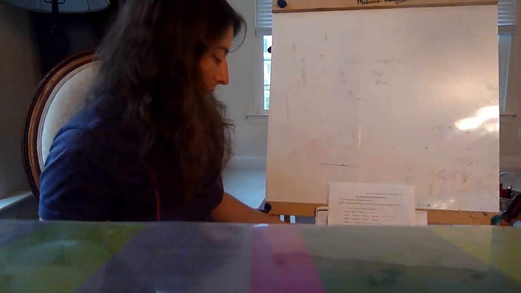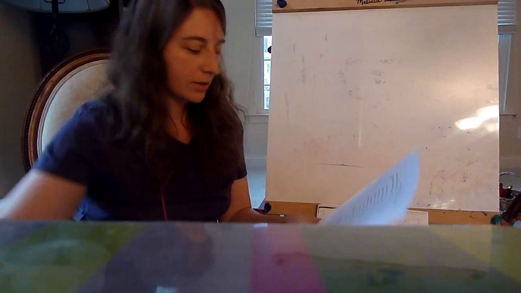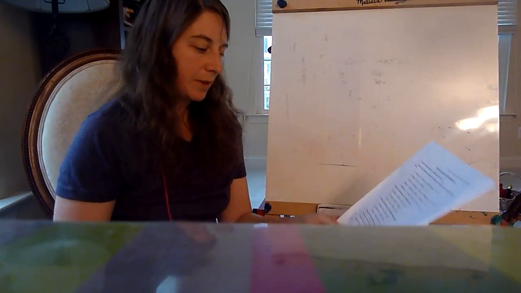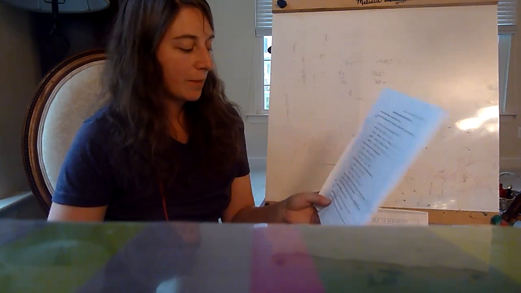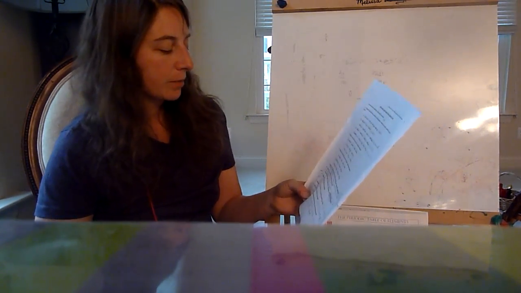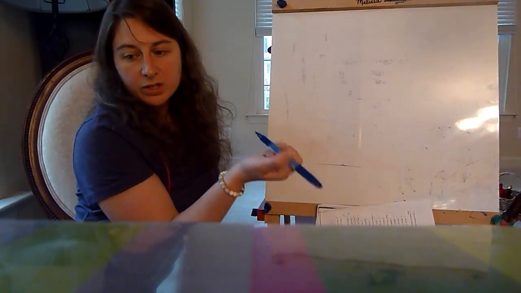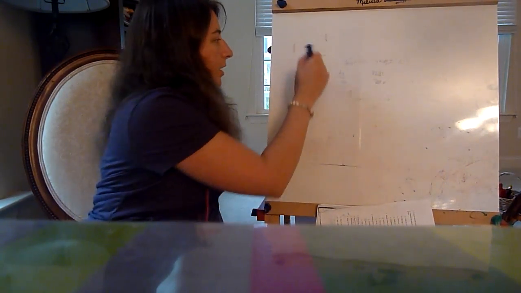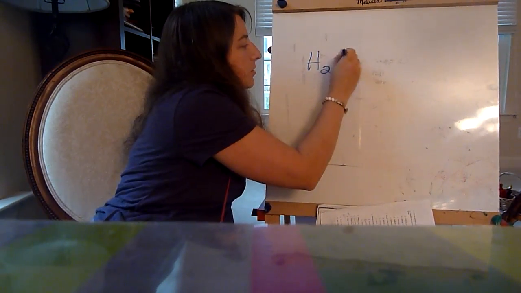And number 10 of the review questions, I didn't start timing this. I'll have to cut this one short just to make sure. Number 10 says, why must a chemical reaction be balanced before it can be used in stoichiometry? Well, if we look at a balanced chemical equation, such as our favorite here, let's look at the decomposition of water.